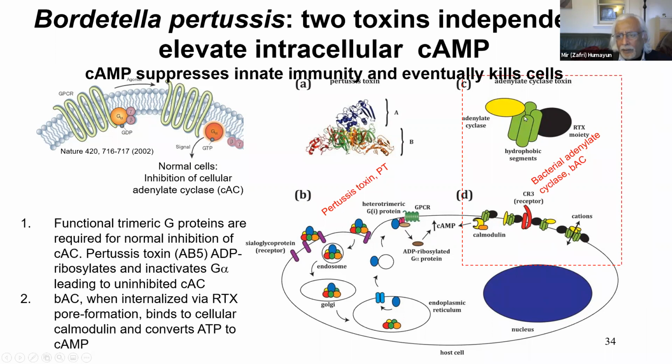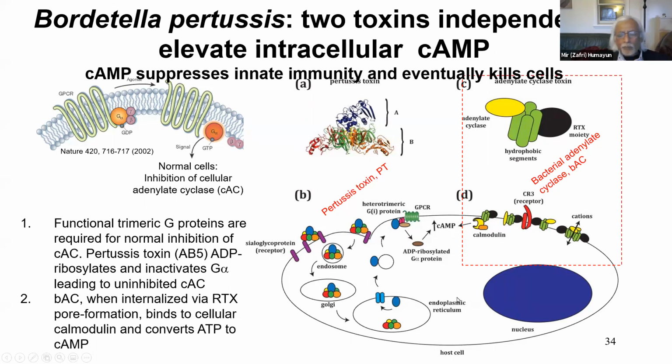And the binding domain binds to the surface of the target cell, and the yellow domain is internalized, which then associates with a cell protein called calmodulin to create the adenyl cyclase that then converts ATP to cAMP. cAMP levels go up. So this is very simple. It's a classic AB toxin that promotes cAMP formation.